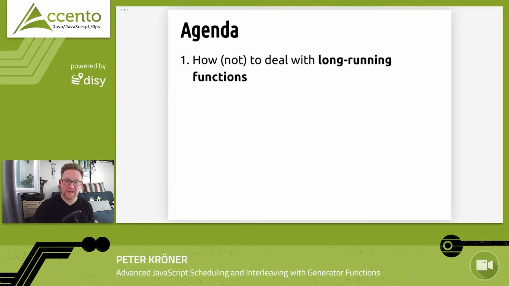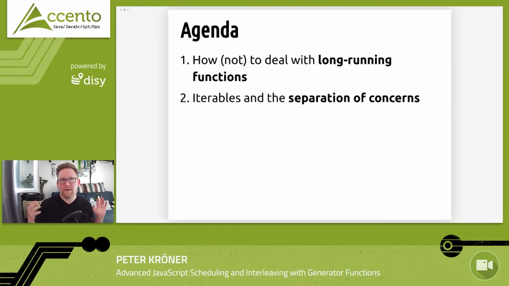Because we will end up with code that we don't want to accept, we need to explore this further. And the next step in this exploration is that we are going to take a look at the iterable protocol in ECMAScript, and from there on out, talk about the separation of concerns when it comes to handling long-running functions. This again will not lead to the most beautiful code that you can think of.